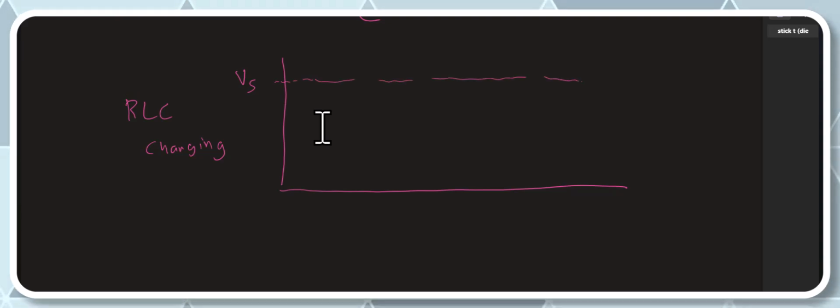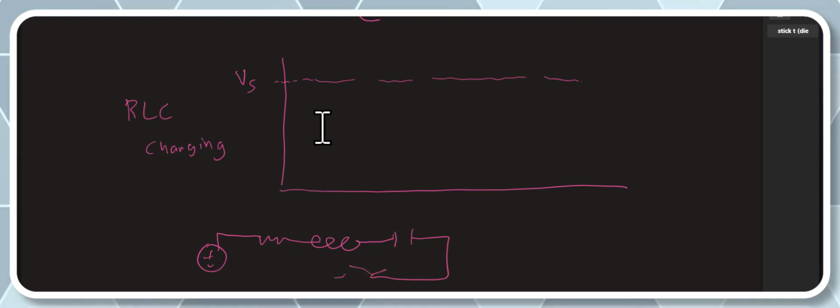I'm using series. It does the same for parallel, but with series it's easier to look at because it's all in a row. So we close the switch at time t = 0.